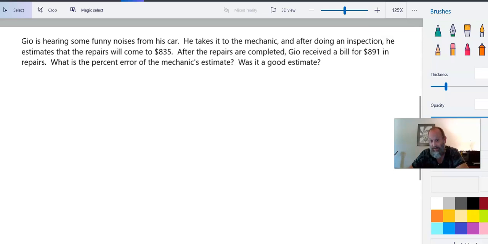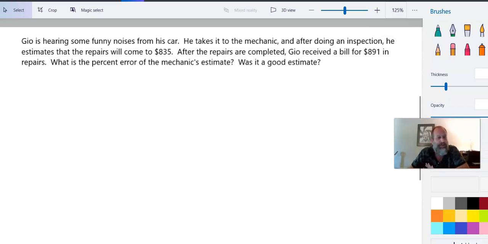Perhaps it's filled with clowns, I don't know. He takes it to the mechanic, and after doing an inspection, the mechanic estimates that the repairs are going to come to $835. After the repairs are completed, Gio received a bill for $891 in repairs. So, what's the percent error of the mechanic's estimate, and was it a good estimate?